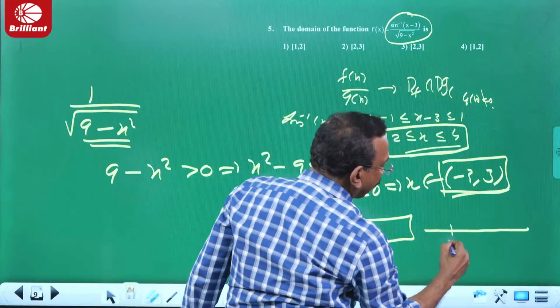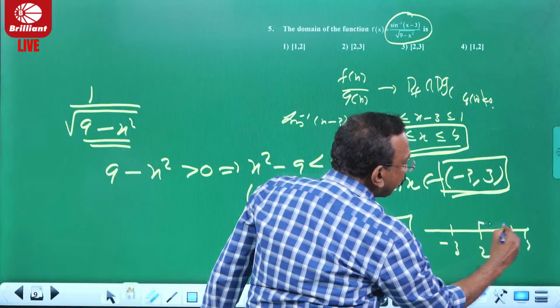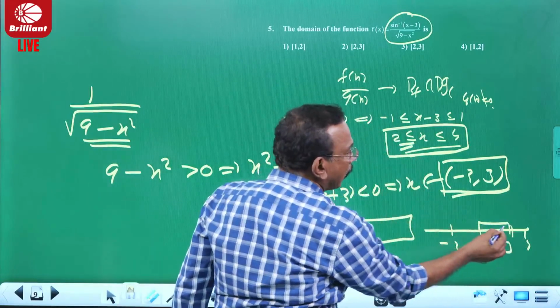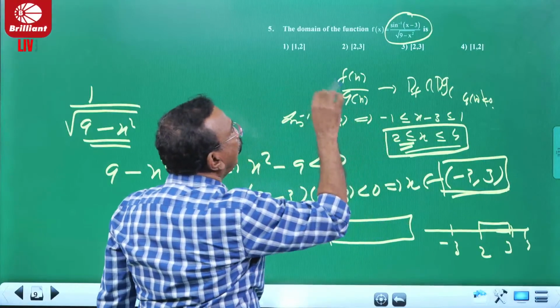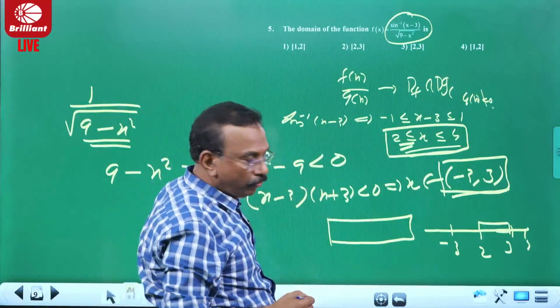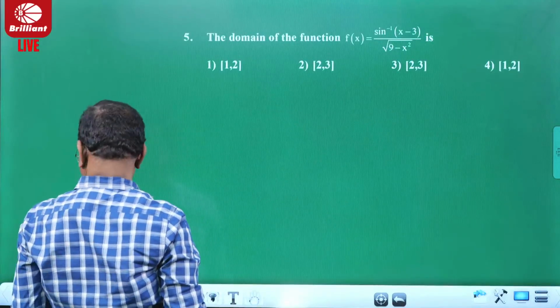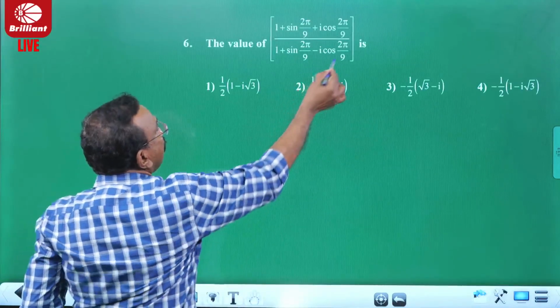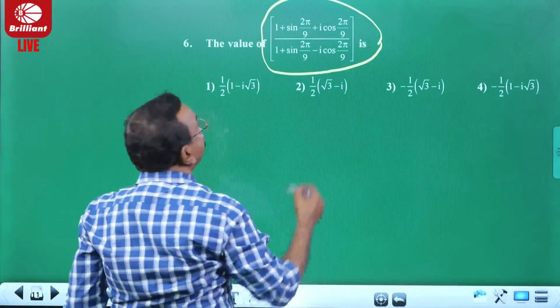If you draw the line from minus 3 to 3 and 2 to 4, this is the feasible region, but 2 is included and 3 is open. Then you can see the correct answer is 2 comma 3 with round bracket, an open interval at 3.